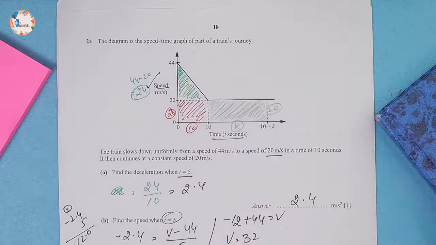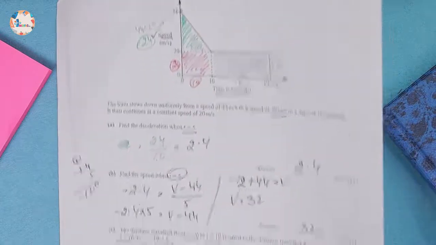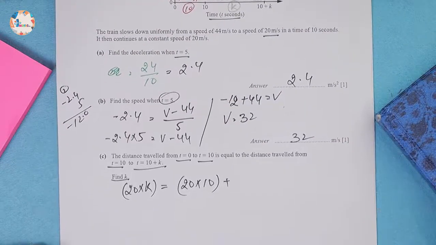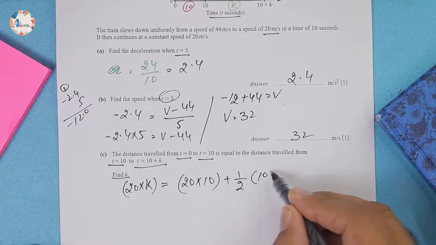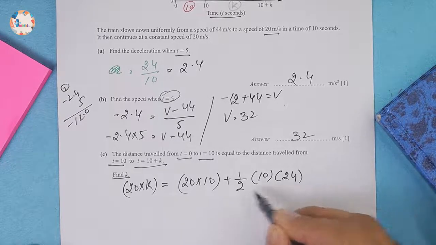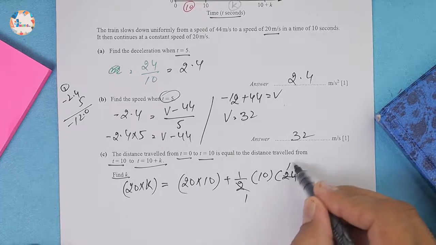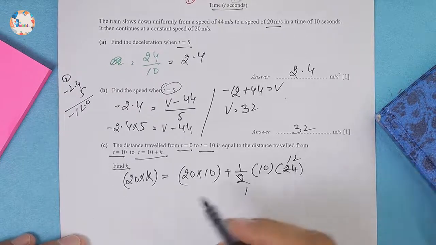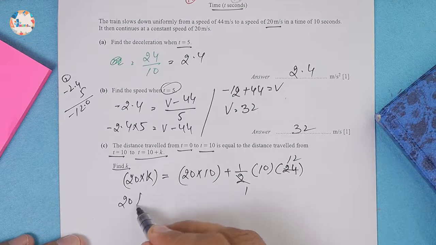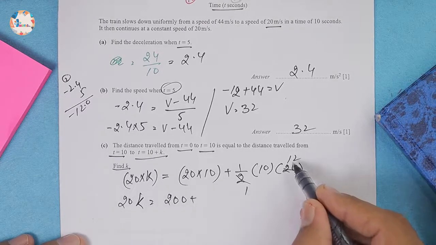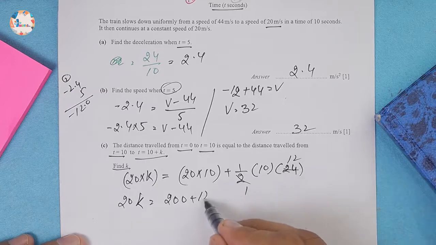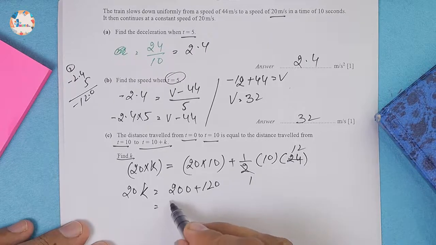So half into 10 into 24, because it's the area of a triangle, and 2 ones are 2, 2 twelves are 24. So this reduces to 20k is equal to 200, plus 10 into 12 which is 120.